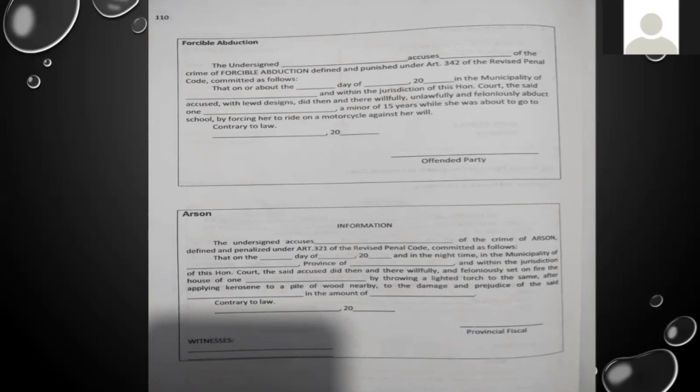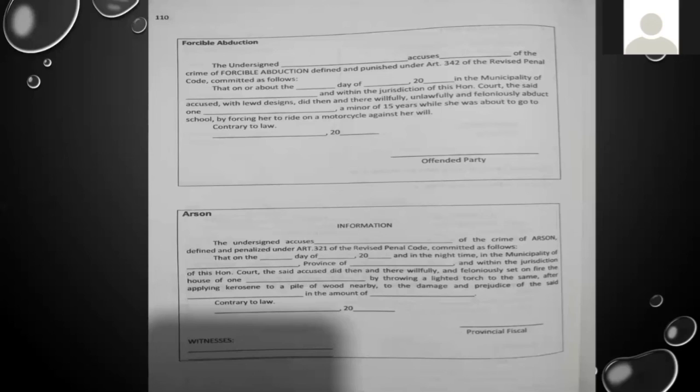Ilalagay nyo doon po yung date, time, tsaka yung araw po. Tapos kung sakali pong ano, ilalagay nyo po sa may school factors of ride motorcycle will be contrary to law. Parang accident po na nangyari, nabangga po or sinaksak, yung mga ganun na riding in tandem po.